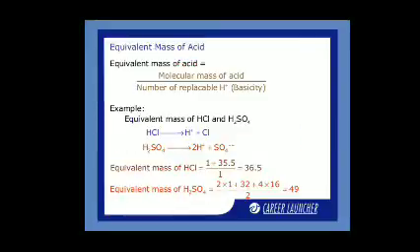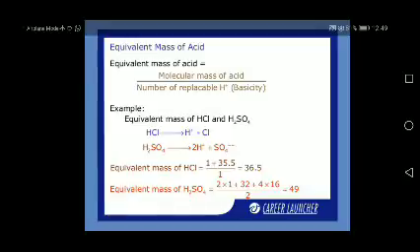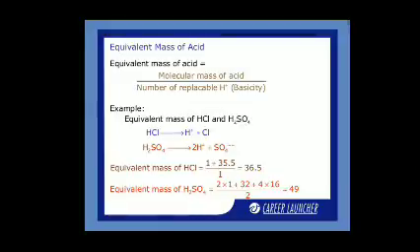Equivalent mass of acid. Equivalent mass of acid is equal to the molecular mass of acid divided by the number of replaceable H+ ions, that is basicity.